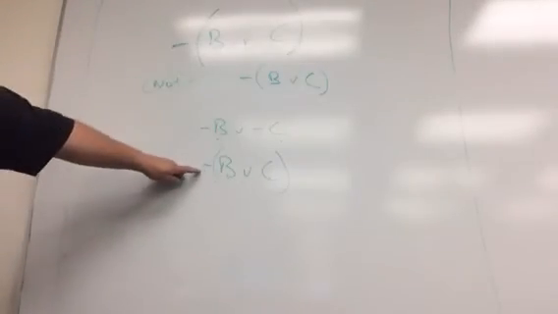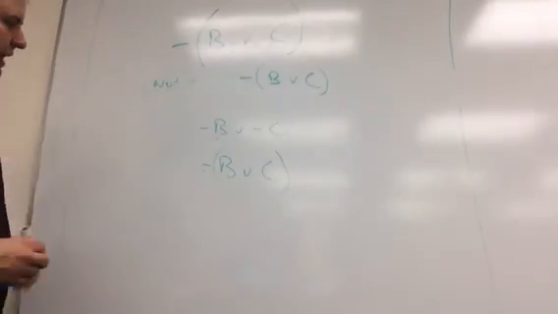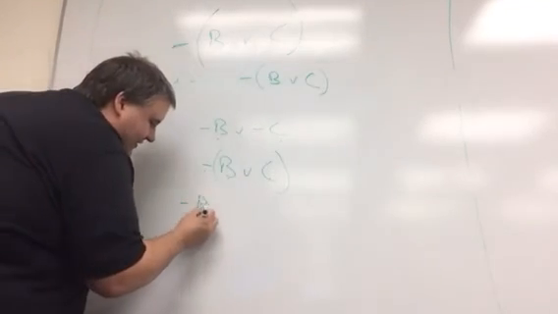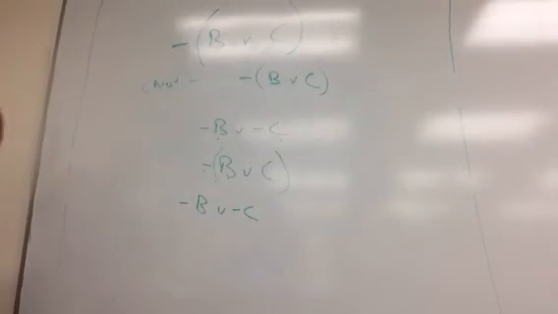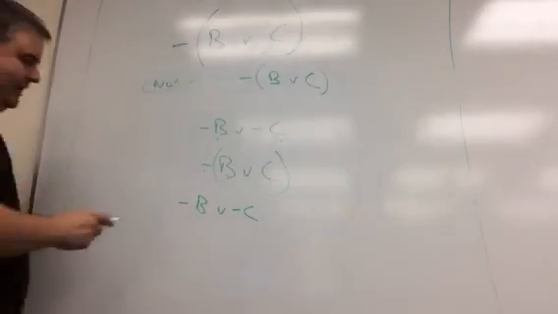Just because you have a bar in front of the parentheses doesn't mean you can just bring it into the parentheses when you translate it. No, you have to translate that idea separately.